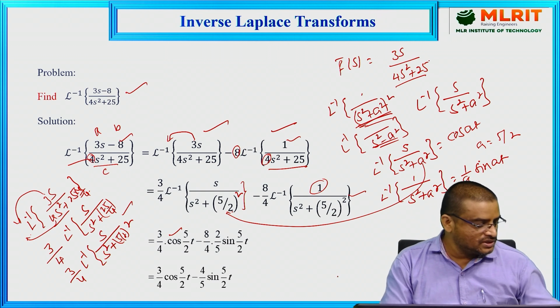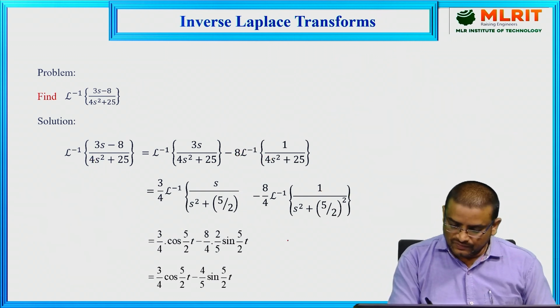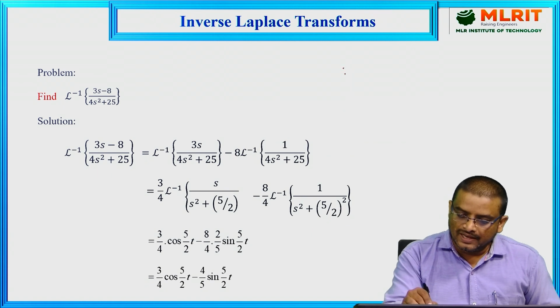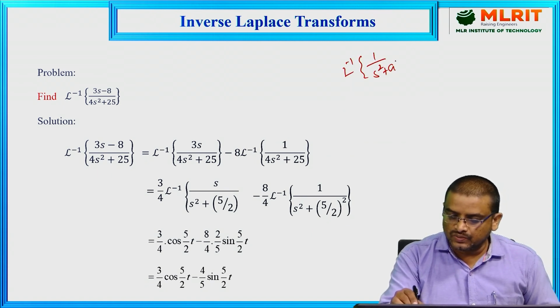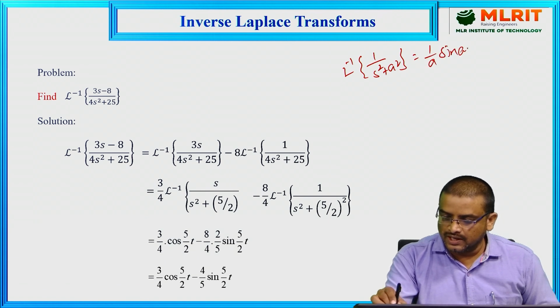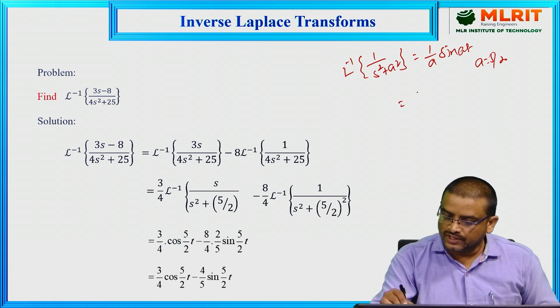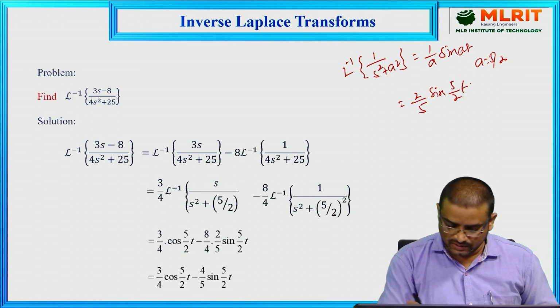Now use this formula here. L inverse of 1 by s square plus a square is equal to 1 by a into sin at. Here a is equal to 5 by 2, so you will get 1 by 5 by 2, which can be written as 2 by 5 into sin of 5 by 2 into t.